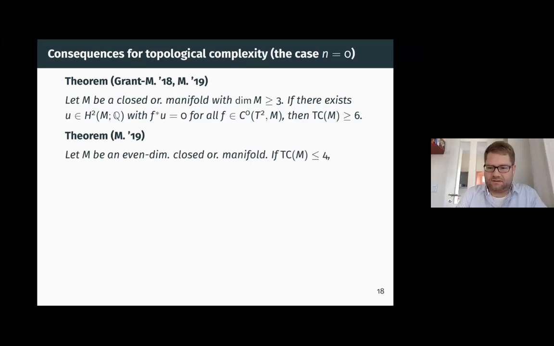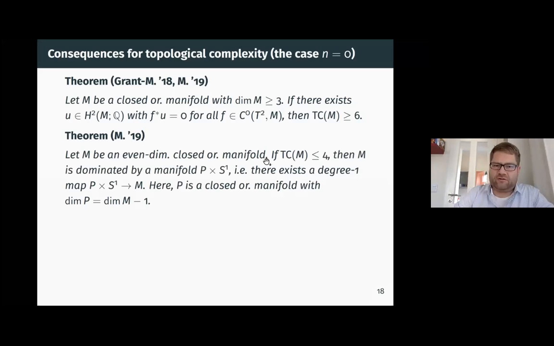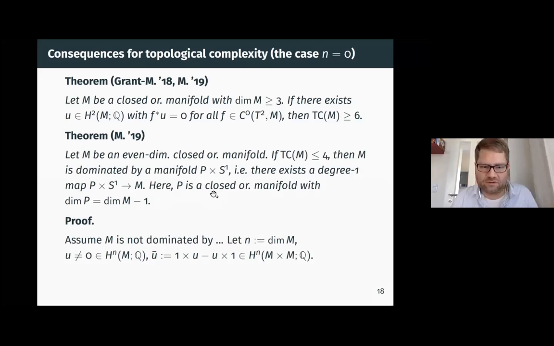And another theorem of this style: if we have an even dimensional closed oriented manifold whose TC is not bigger than 4, then we know that the manifold is dominated by a manifold of the form P × S^1, where P is some manifold of dimension n-1, so that these two add up to the dimension of M. So we have a degree 1 map, this is what dominated means, from P × S^1 to M. So this is the thing we obtain, and this I want to quickly prove.